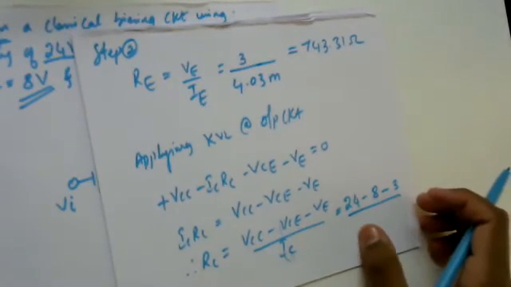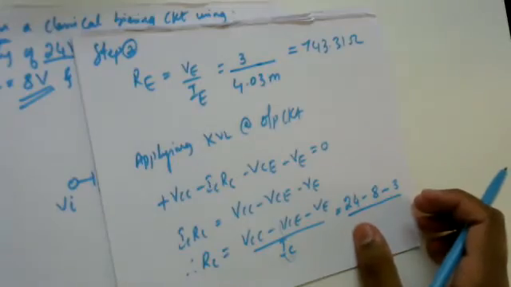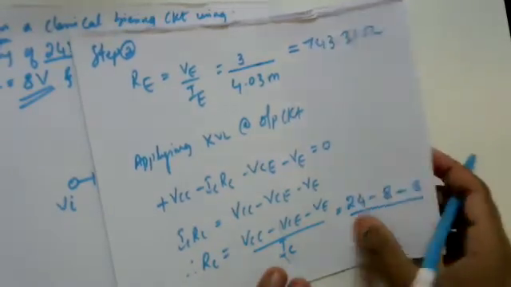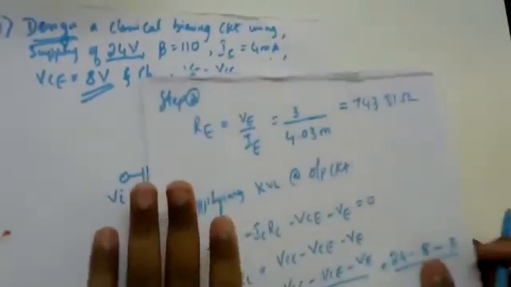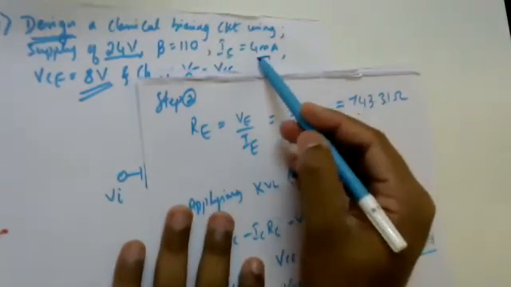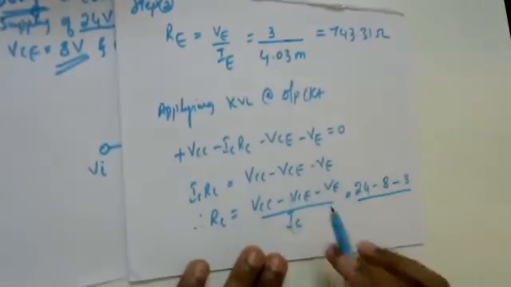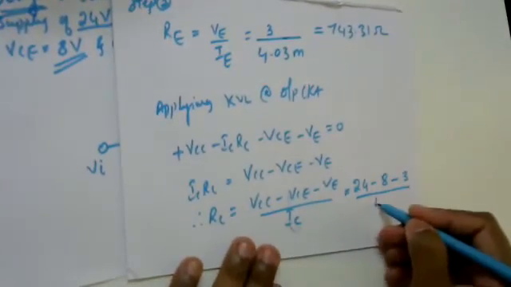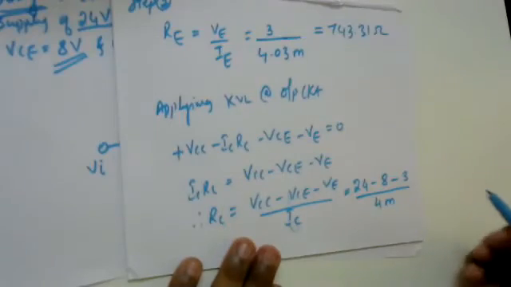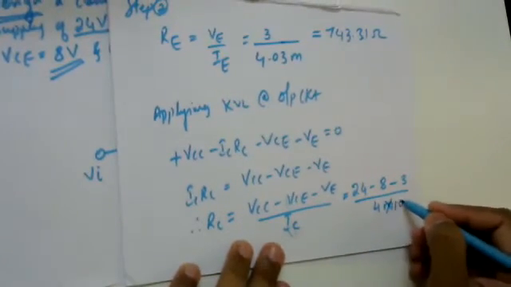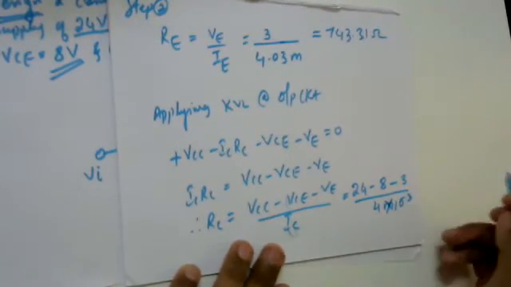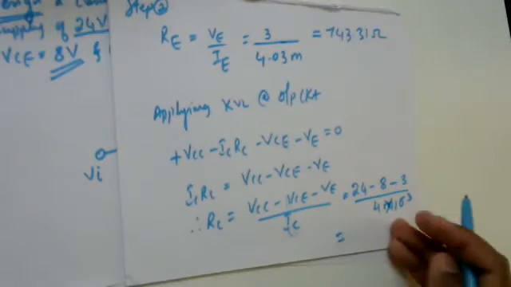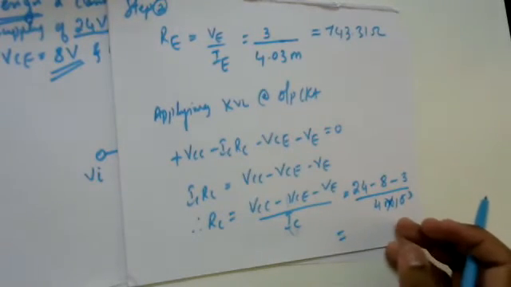So what's the value of IC we have computed? I think IC also is given, right? Yes. IC also he has given as 4 milliamps, or you can write 4 into 10 raised to minus 3. Both are one and the same. So what's the value of RC?